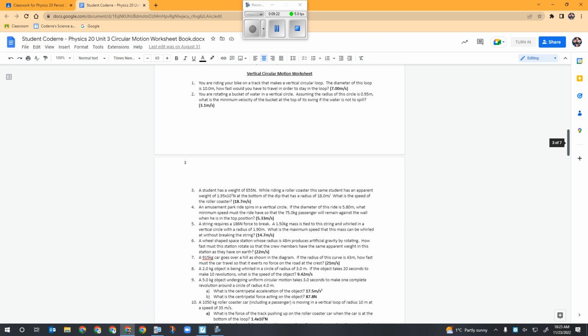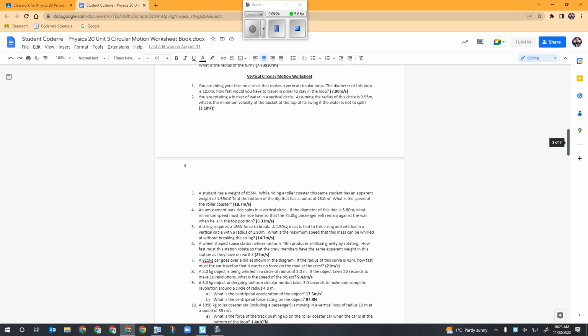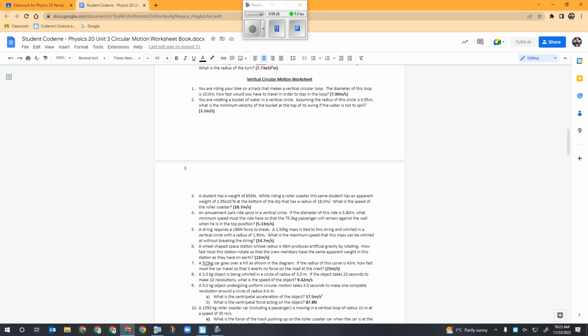Okay, so we've got the vertical circular motion worksheet that starts at the bottom of page 2, that I'd like you guys to start on.